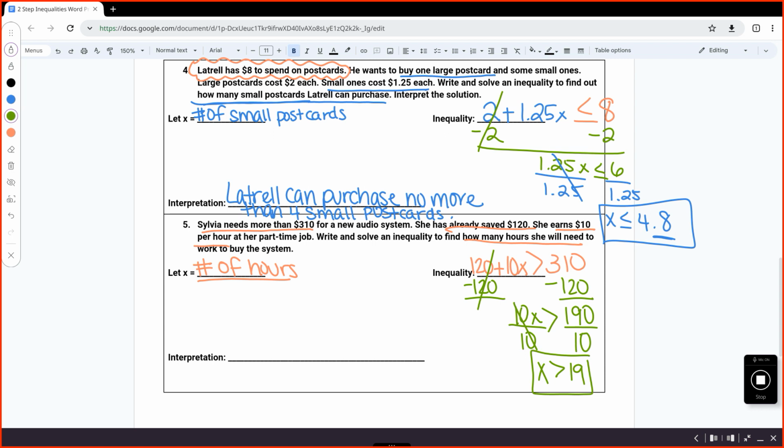So here it says, how many hours will she need to work to buy the system? She will need to work more than 19 hours, because we got x is greater than 19.